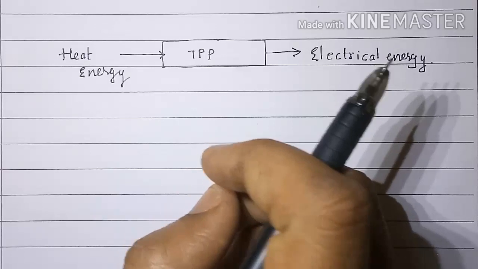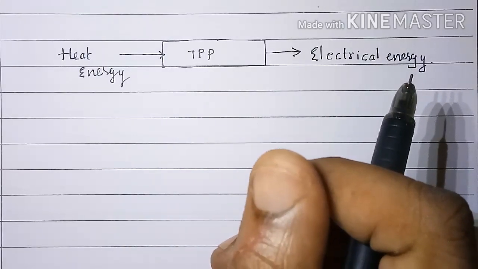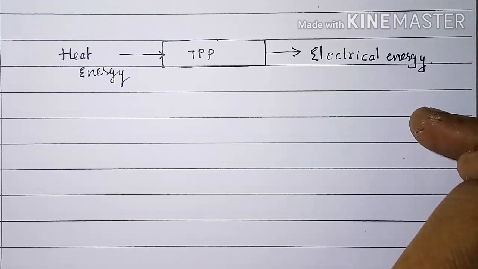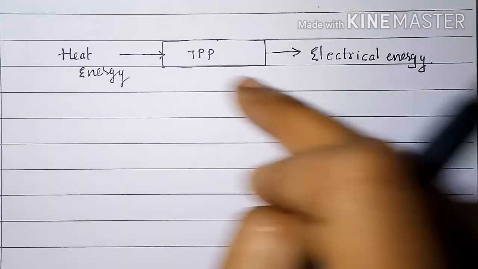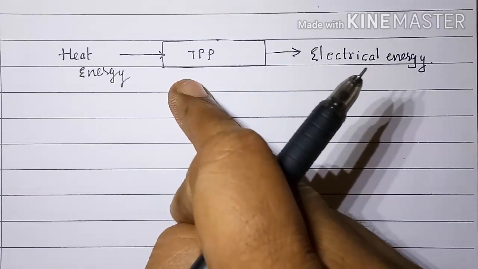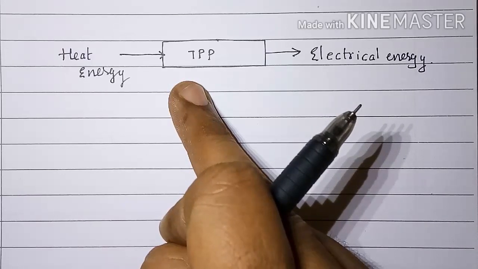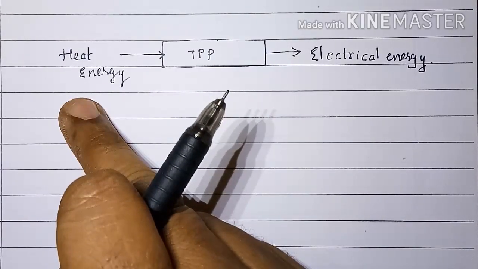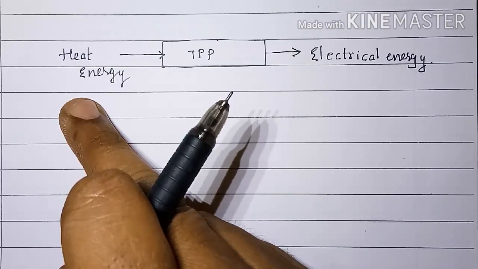The amount of heat energy required to produce electrical energy in large quantity is also very large. So for such plants, that is thermal power plants, heat energy is supplied by burning coal.